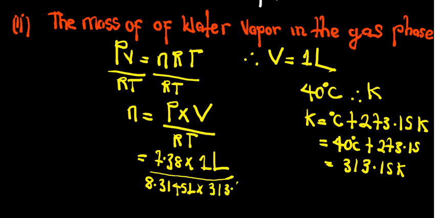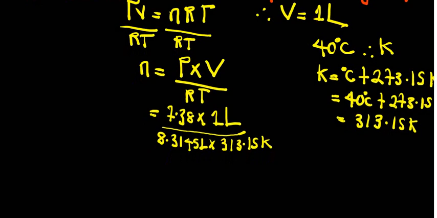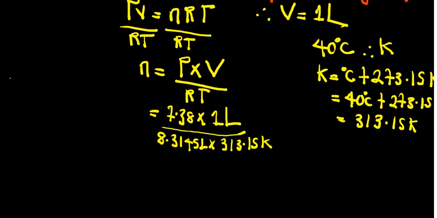That is 313.15 K. Okay, so now maybe you might be asking, because you've come across different kinds of gas constants. There's a gas constant which has a value of 0.08206, and there's a gas constant which has a value of 8.3145.